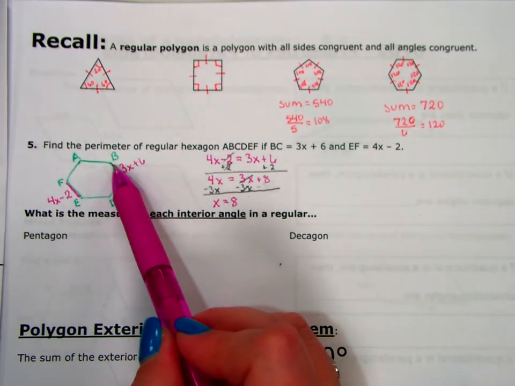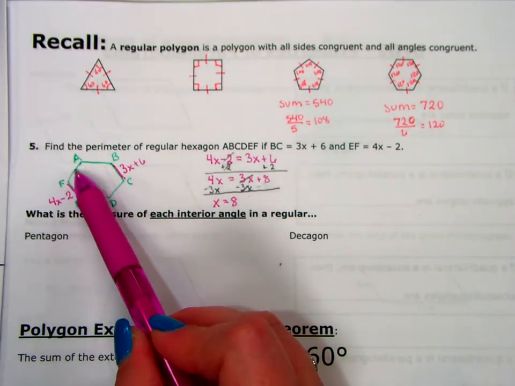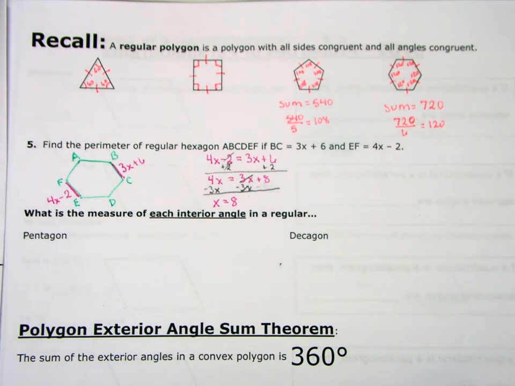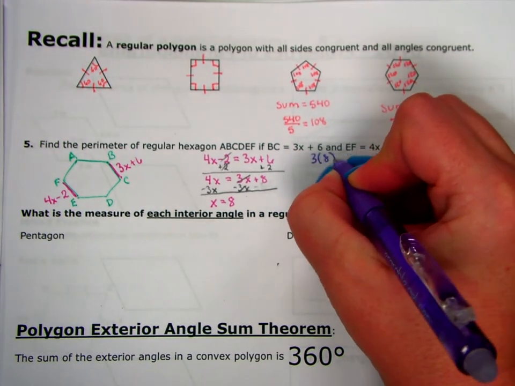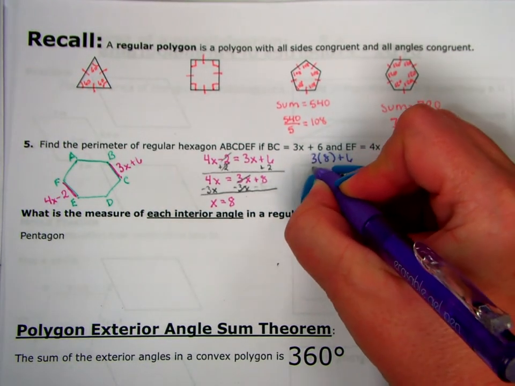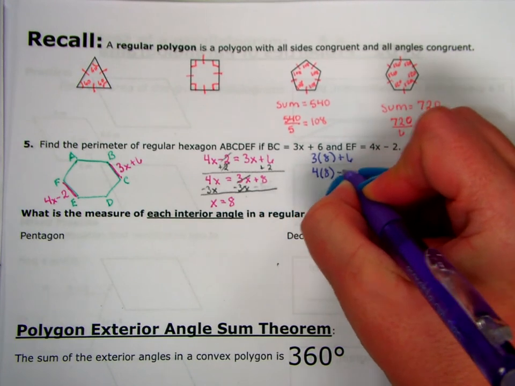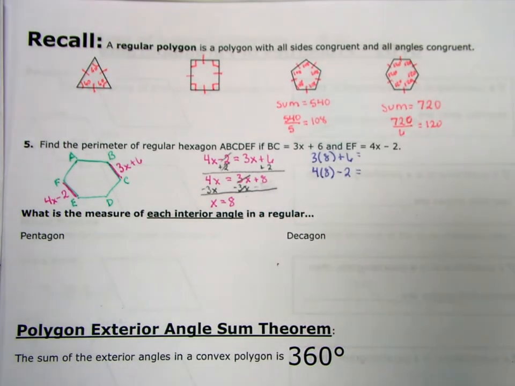All right, so now if I want to find the perimeter, can I do 8 plus 8 plus 8 plus 8 plus 8 plus 8? Right, 8's not the side, 8 is the x, right? So to find the side length, I have to plug that 8 in. So I have to say 3 times 8 plus 6, or I have to say 4 times 8 minus 2.